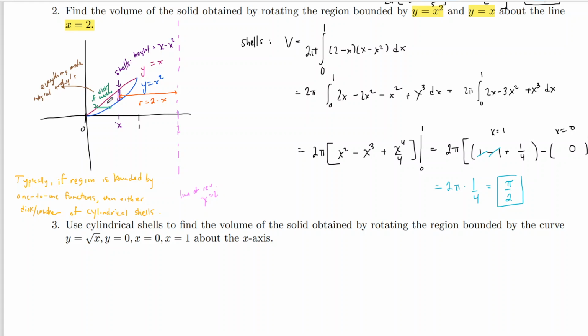Okay, so this one, y equals x and y equals x squared in general is not one-to-one because it's a parabola, but just from this section, it doesn't fail the horizontal line test. So you could use both.